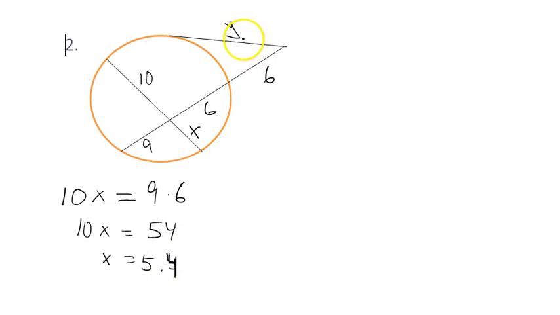Then y is in my outside times whole formula, and so the y is the outside and the whole. The other line, the outside, is 6, and the whole thing is 6 plus 6 plus 9.